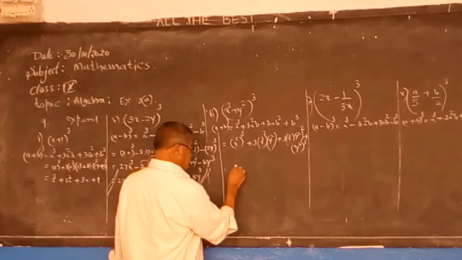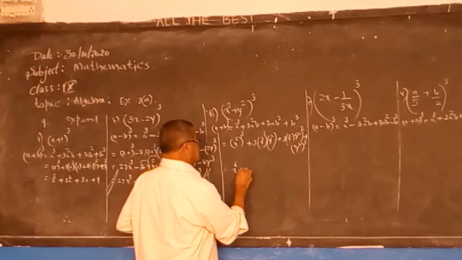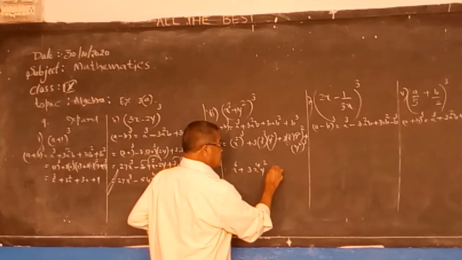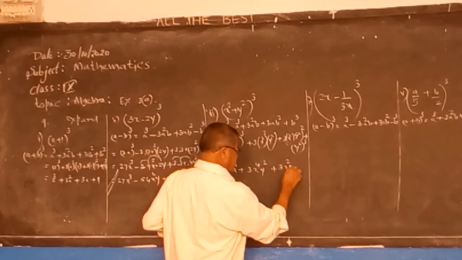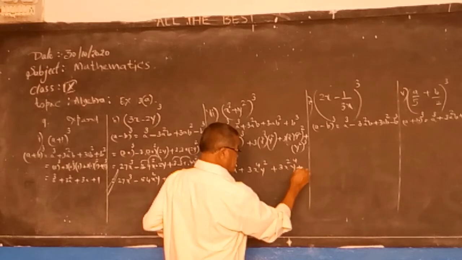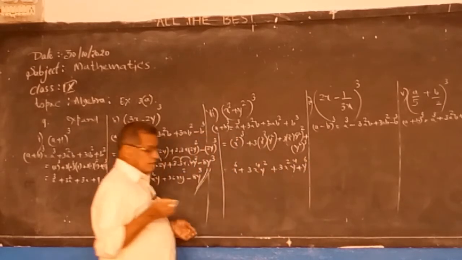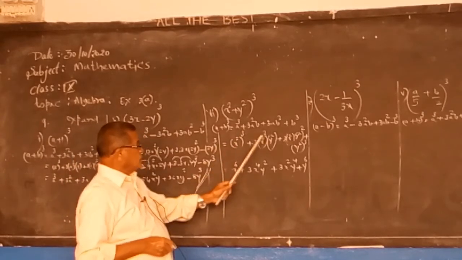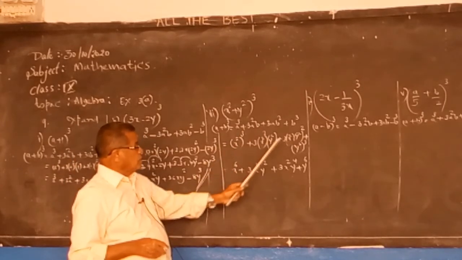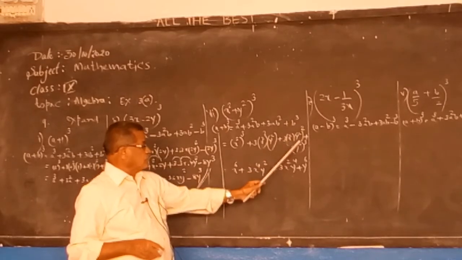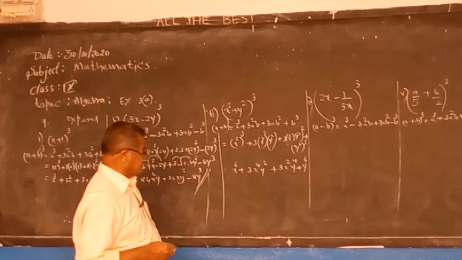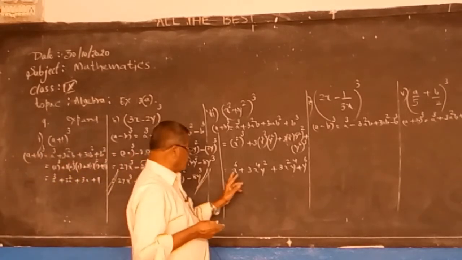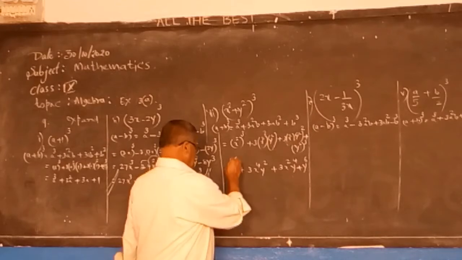So x power 6 plus 3x power 4 y squared plus 3x squared y power 4 plus y power 6. You multiply power to power: 2 3s are 6, 2 2s are 4, 2 2s are 4, 2 3s are 6. So this is the expansion. 4 terms: 1, 2, 3, 4. Like this.